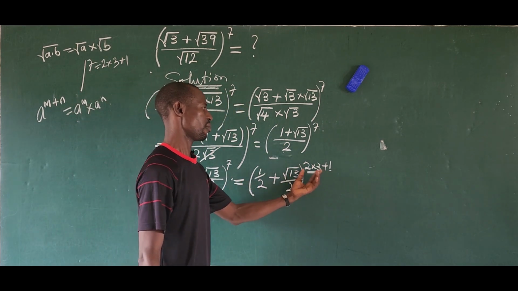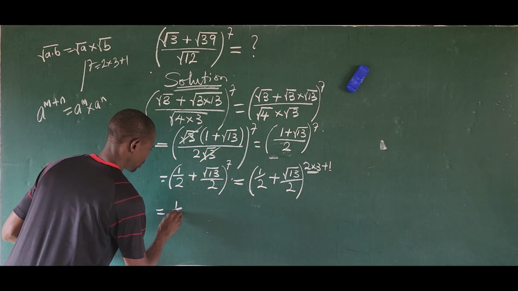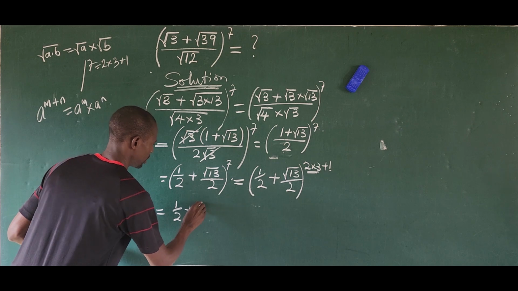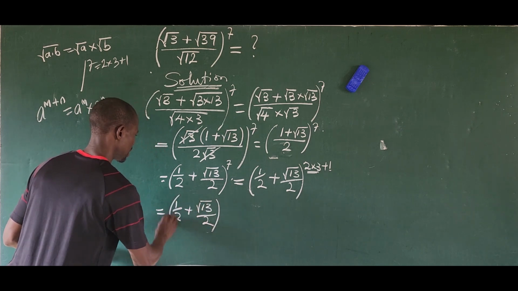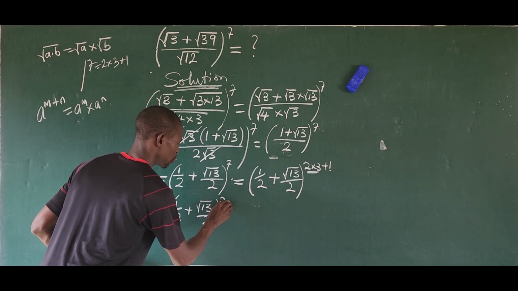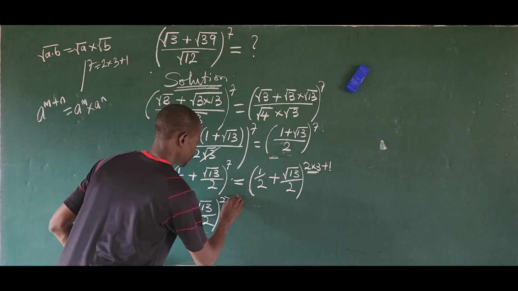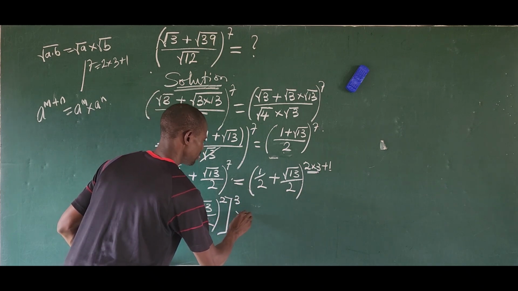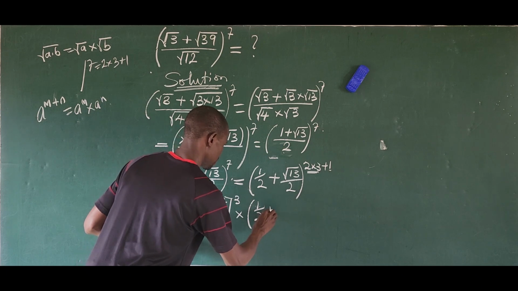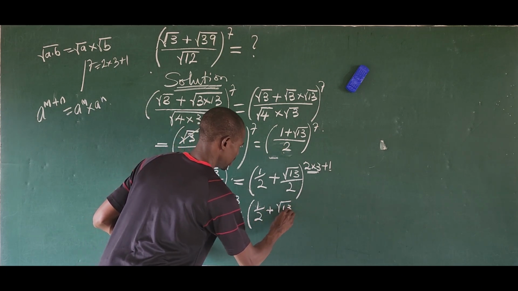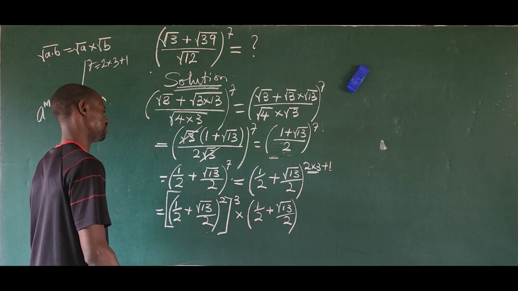So we want to rewrite this expression. This will give us the bracket 1 over 2 plus the square root of 13 over 2, close bracket, all raised to the power of 2, then close the square bracket, all raised to the power of 3, then times this same expression, 1 over 2 plus the square root of 13 over 2, all raised to the power of 1, which is the same thing.